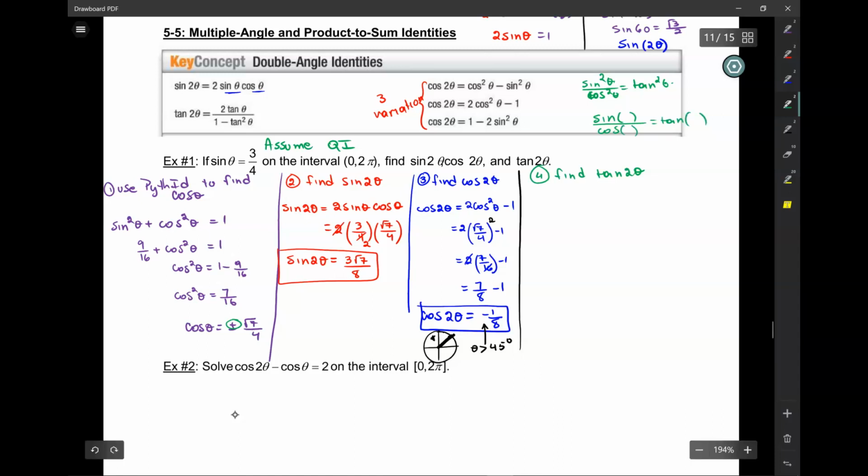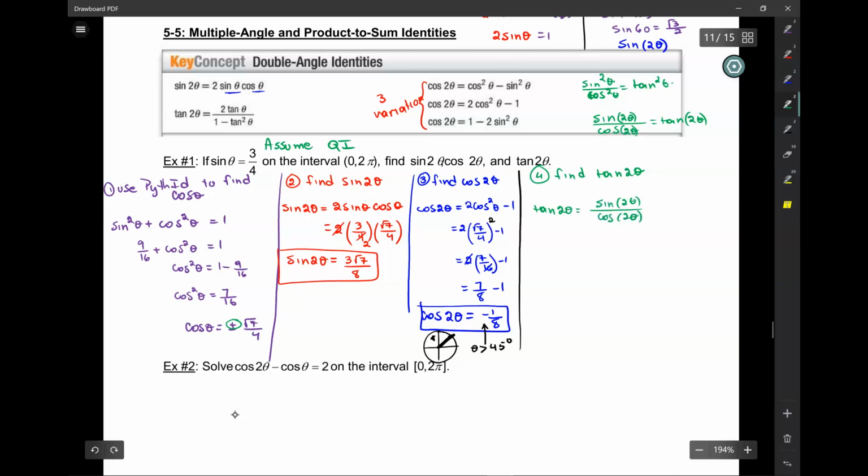So if I had hypothetically sine of 2 theta and cosine of 2 theta, that would equal tangent of 2 theta. So to find tangent of 2 theta, yes, I could do this identity, or alternately, I could say tangent of 2 theta is sine of 2 theta over cosine of 2 theta.